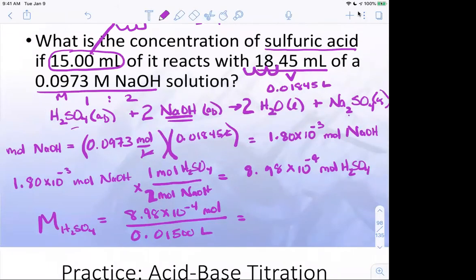Remember, moles over liters. And what I get is a molarity of 0.0598 molar. Hopefully I did all my math right, and if not, maybe you guys will catch it. So this is the unknown concentration of the H2SO4.